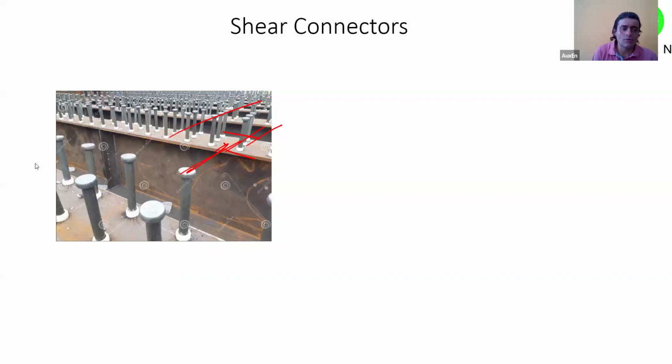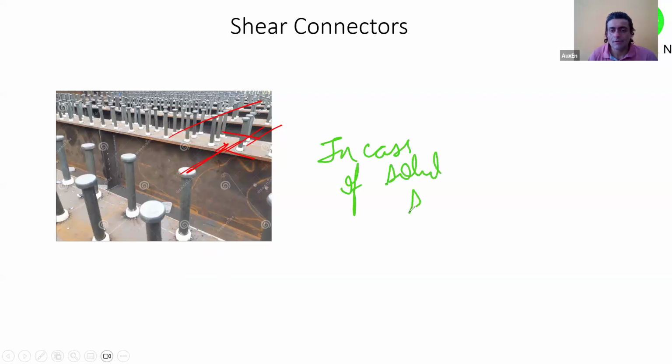In case of solid slab, first you will connect the stud connectors to the steel beam flange. Then you will put whatever your formwork, etc., and then you will do the concreting. Clear?